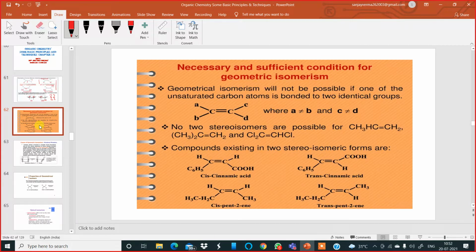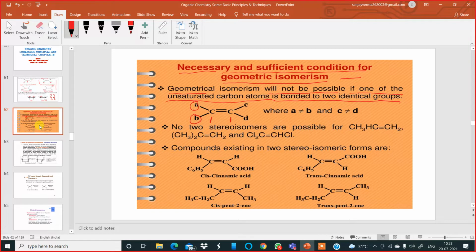Moving to the next slide, let us discuss the necessary and sufficient condition for geometrical isomerism to occur. Geometrical isomerism will not be possible if one of the unsaturated carbon atoms is bonded to two identical groups. That means A and B must be different.